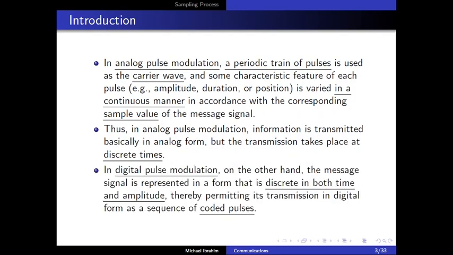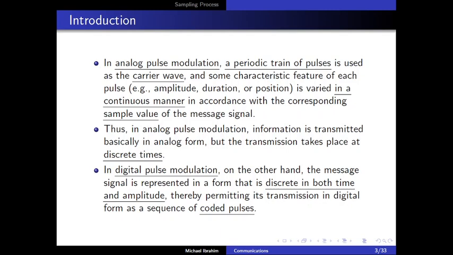On the other hand, in digital pulse modulation, the message is forced to be discrete in both time and amplitude. If you remember from the previous course, signals and systems, the difference between discrete time signals and digital signals is basically the discreteness in the amplitude. In discrete time signals, we have discreteness in the time, but the amplitude can take any value.